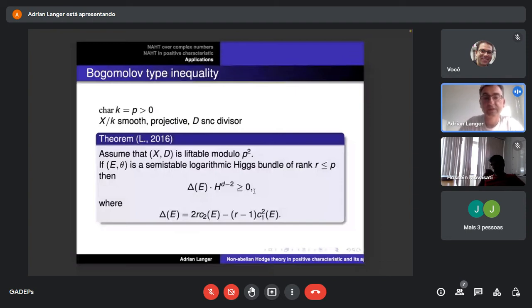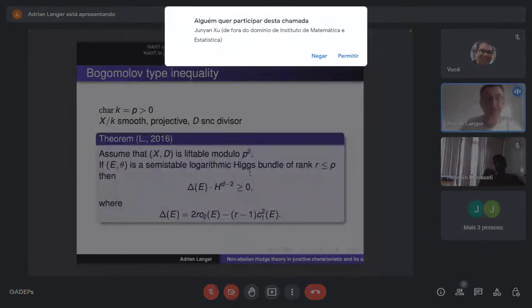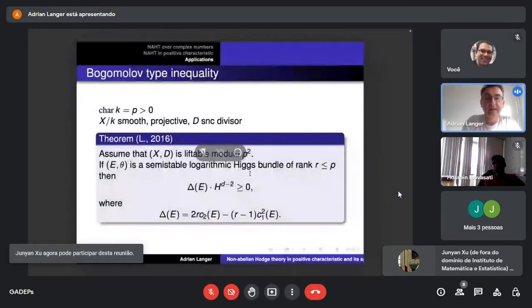And that's it, but there was no algebraic proof, and with this technology there is an algebraic proof of the Bogomolov type inequality for Higgs vector bundles, and actually even in the logarithmic case, in characteristic 0, it follows immediately by spreading out. So it's a kind of fun application.